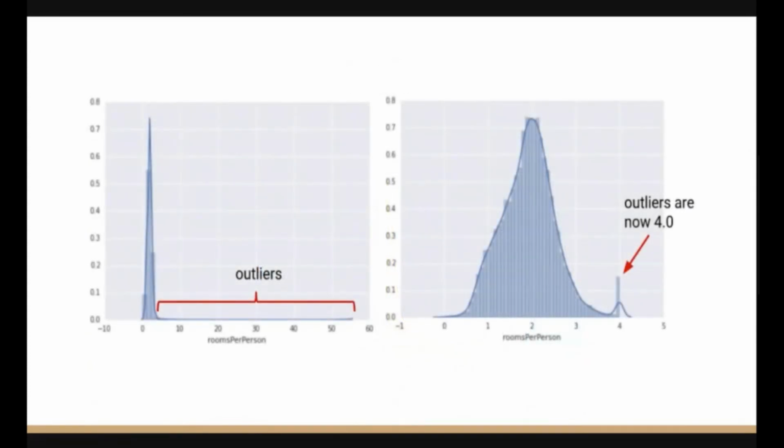The main disadvantage of this normalization procedure is that it increases the effect of outliers. And it is evident in this graphical representation.